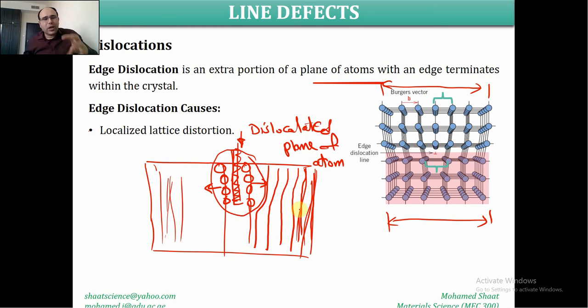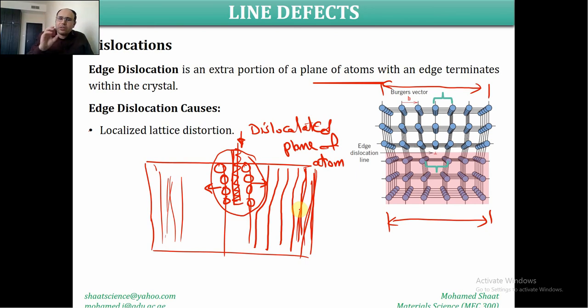So what does it mean? It is localized. Localized means that the distortion, or the non-straightness of the planes, will be within the planes that are surrounding very close to the dislocation, and as we move far from the dislocation, these planes will become straight one more time, or the effect of this lattice distortion will decrease as we move far from the dislocation.